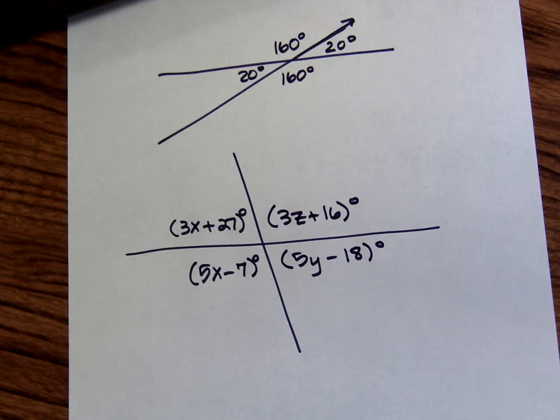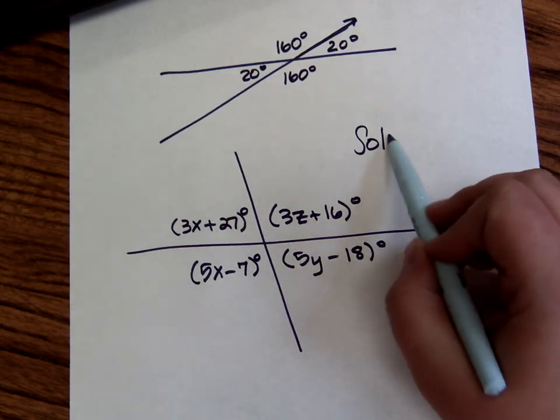The first thing you have to do is identify which ones of them have the same variable, because the only way to write an equation is to describe a relationship between two of these angles. Remember, anytime you're asked to solve, and that's what you'd be asked to do here, you'd be asked to solve for x and y and z.